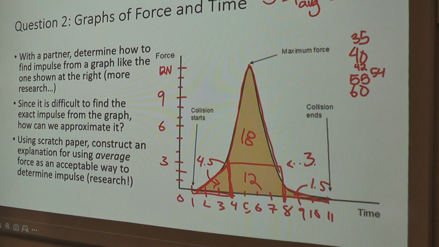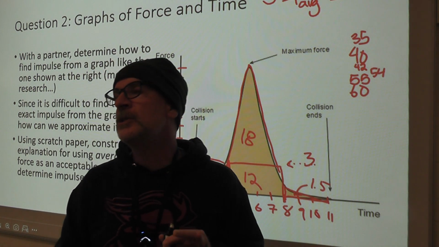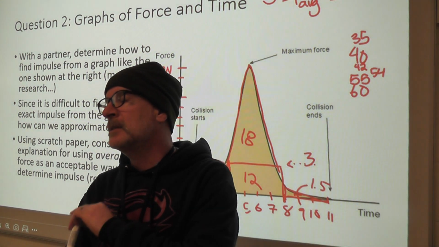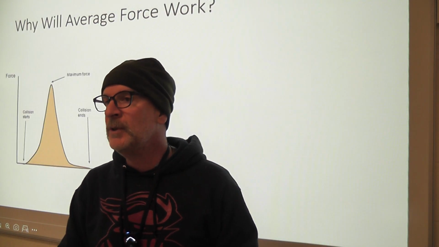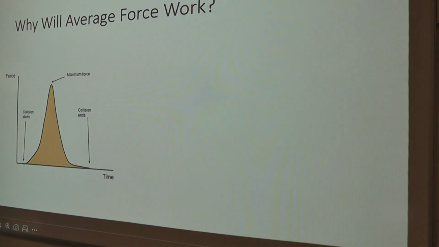There's another way to think about it that I just want to throw out to you, and this is not something that you're going to need to apply necessarily to this particular graph and this particular curve, but those of you in AP Physics are almost certainly going to need to provide an explanation along these same lines.